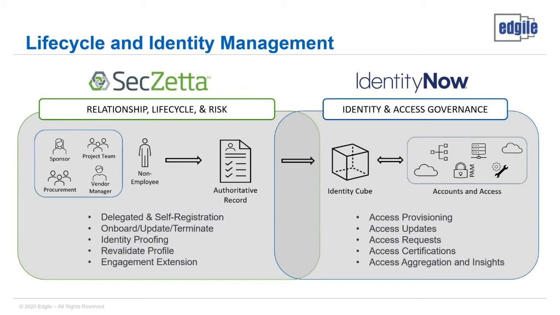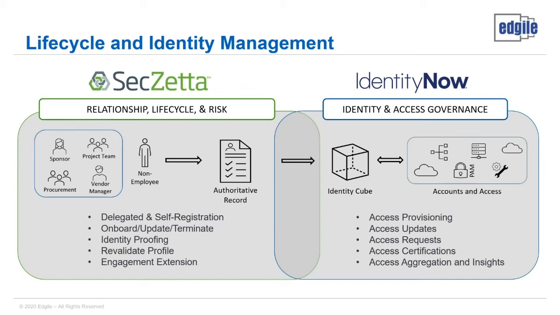And what's important is that authoritative record can then be used by Identity Now to drive all the relevant actions from the identity cube, right? So that's accounts and access. I'll let Saramya go a little bit more into the Identity Now side of this, as that's his expertise.